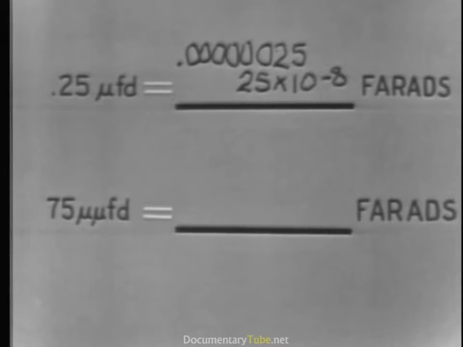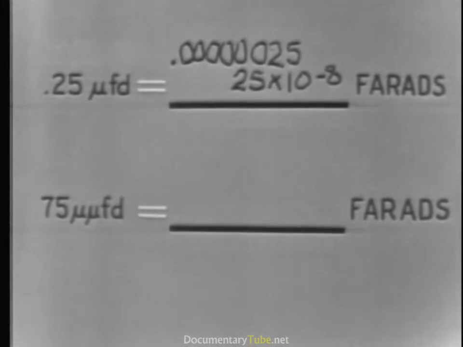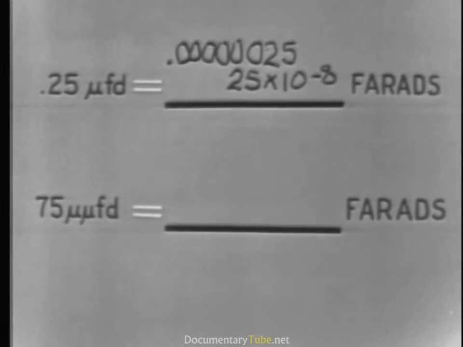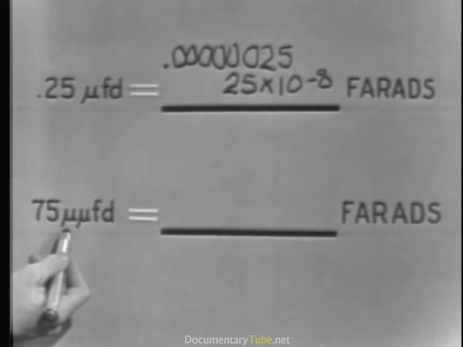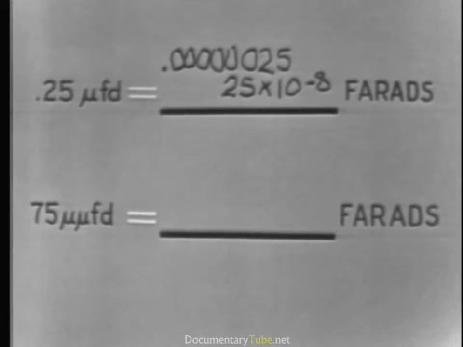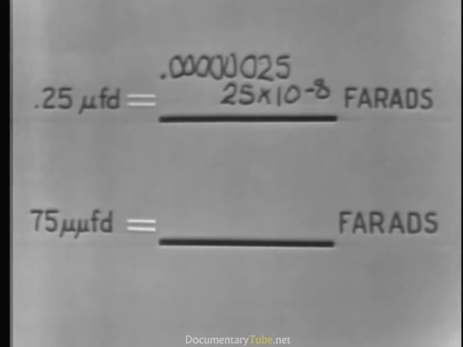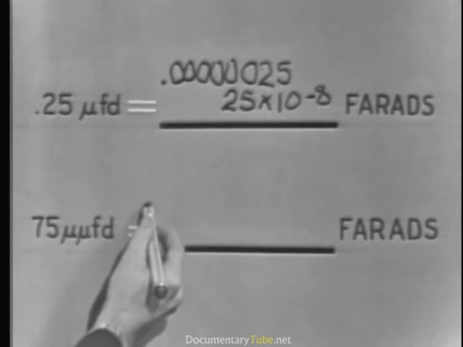All you need to do is count the number of places to the right of the decimal point and write the value as I did, using the number of places as the minus power of 10. Now, in this one, we must move the decimal point 12 places to the left because it's in micromicrofarads. You can write it the hard way like this.